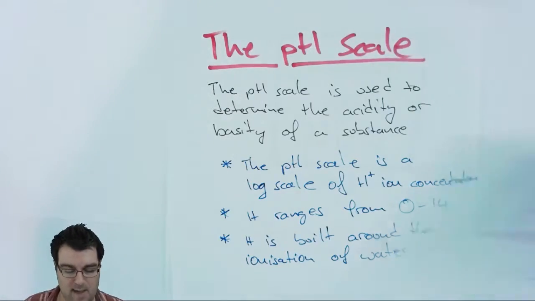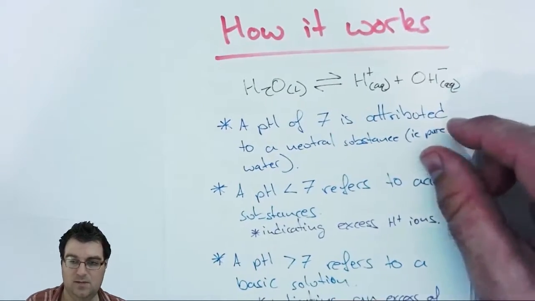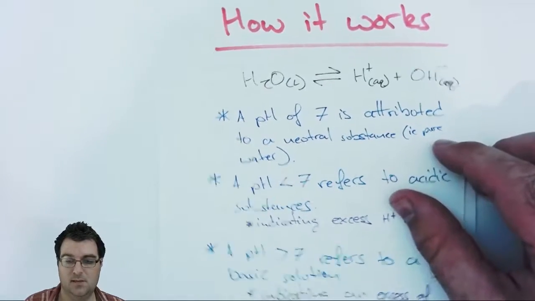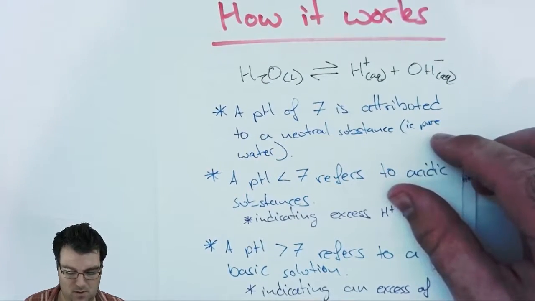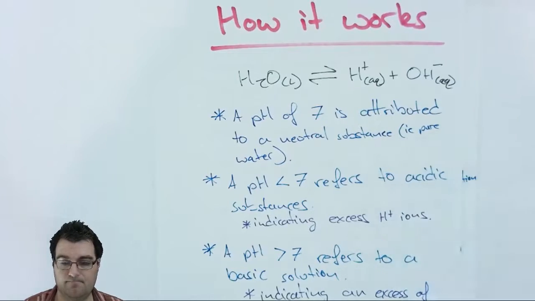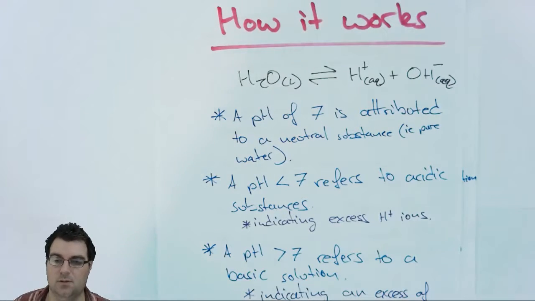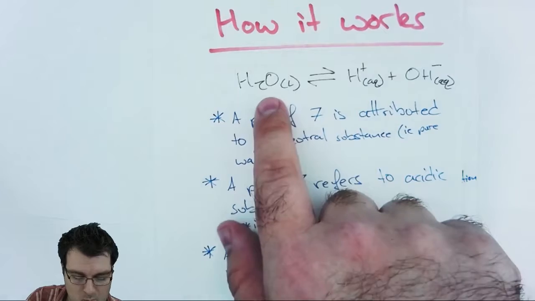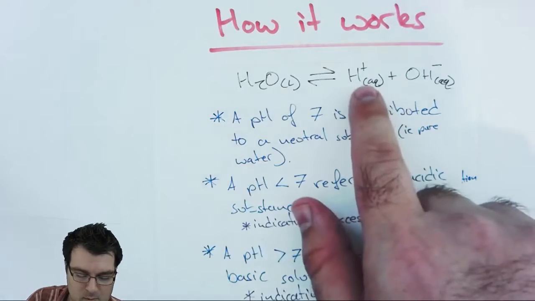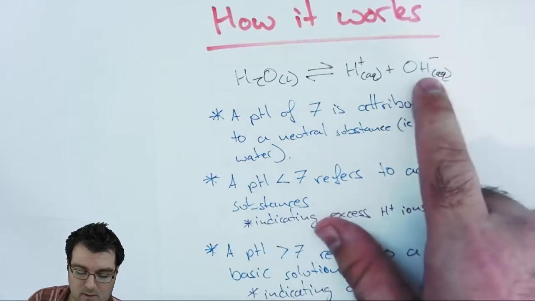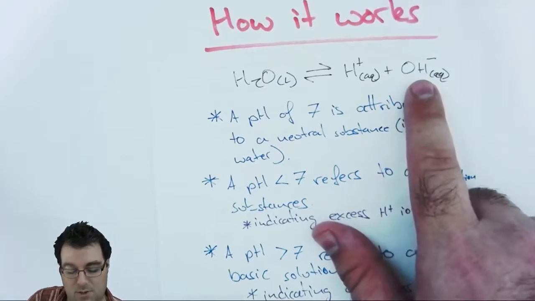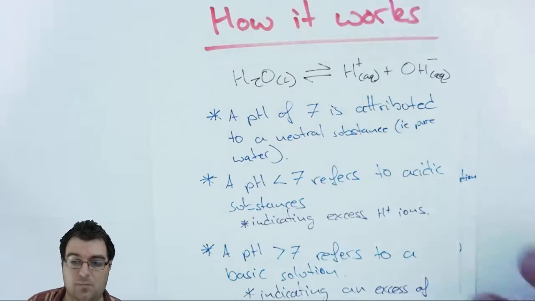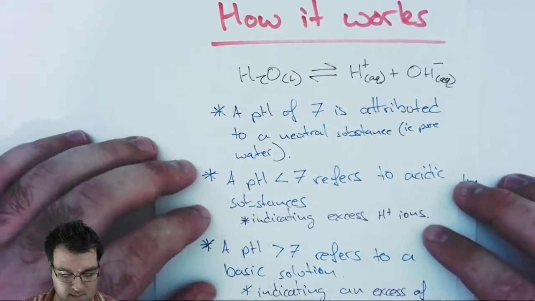So how does this scale work? It works by recognizing that when we refer to a solution of water that has had an acid added to it, we're talking about water and its relationship with hydrogen ions and hydroxide ions in the following equilibrium situation.